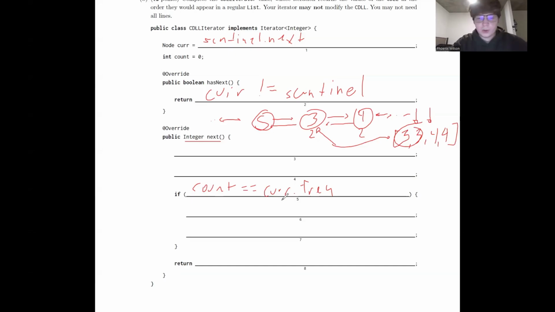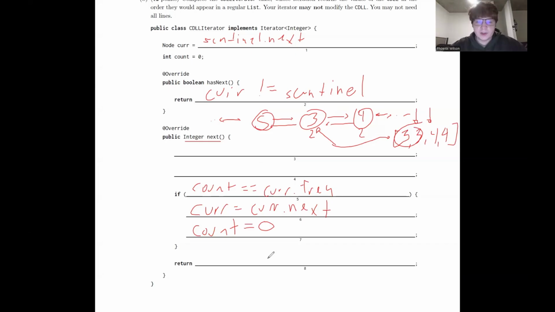So all we do is say cur is equal to cur.next. And then we'll reset the count, because the whole purpose of the count is just to make sure we're not going over the amount of elements that each node encodes in the list. So we'll set count back to 0 because we moved on to a new node in the CDLL.